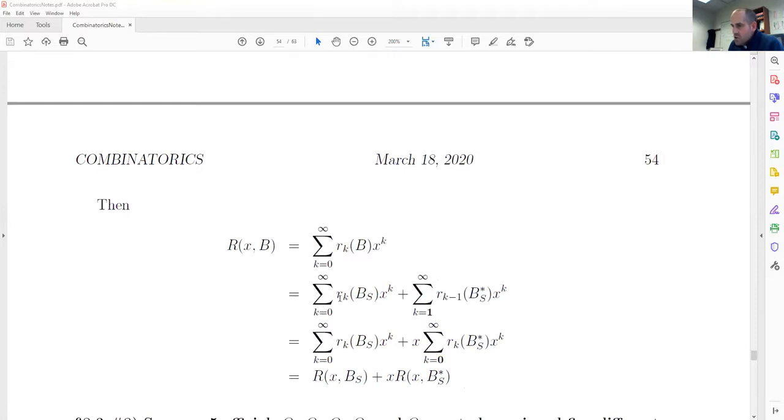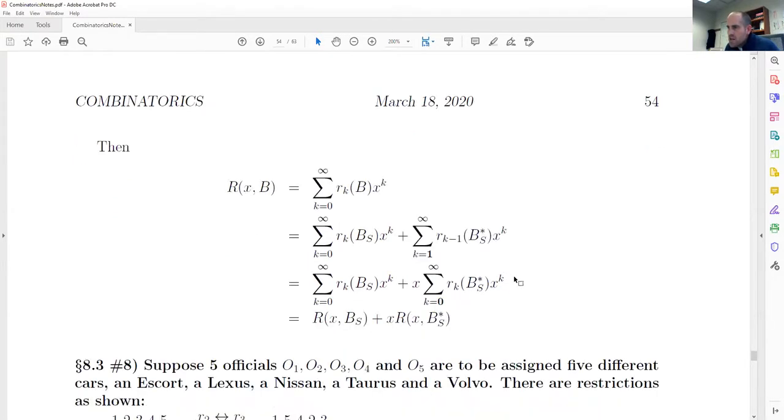When I invoke that, the x to the k distributes to that sum, but really I only need to start this sum at k equal to 1. There's boldface type right there. So k equal to 1, r sub k minus 1, which is really r sub 0 of B sub S star, times x to the k.